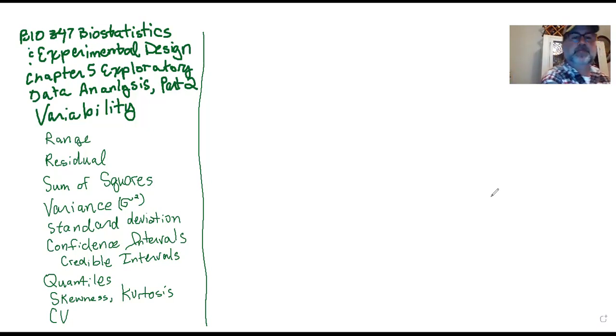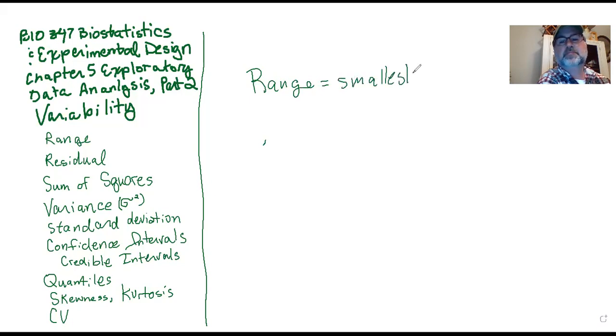All right, so first thing, easiest measure is the range. So the range is going to be the smallest and largest number. And that's it, okay? Oftentimes, you'll have people subtract the smallest from the largest, and that gives you a range.